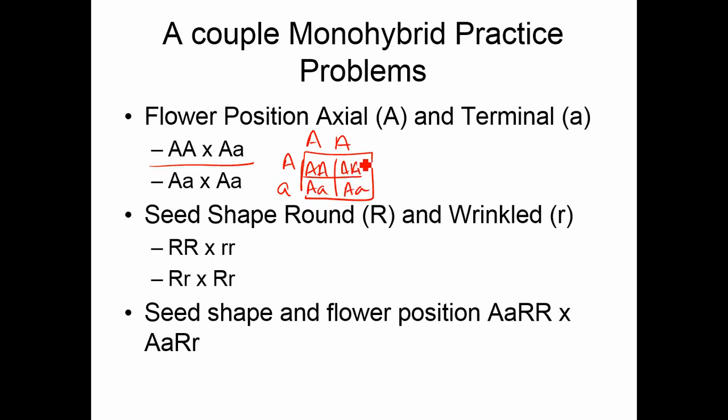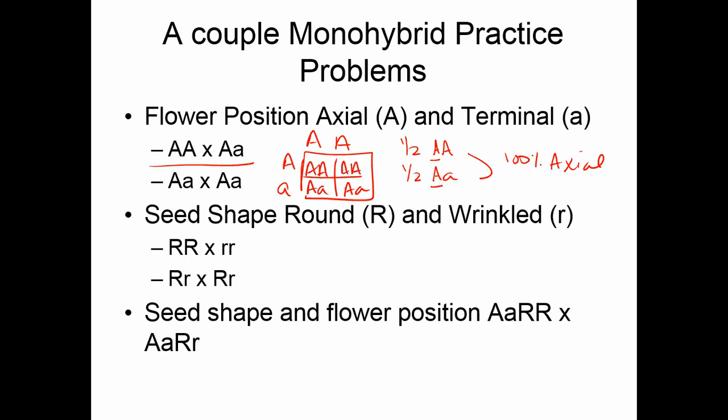Okay, and we end up with half of them being homozygous dominant and half of them being heterozygous. Because dominant is dominant and that's what you see, 100% of these, or 4 out of 4, are going to be axial in their phenotype.